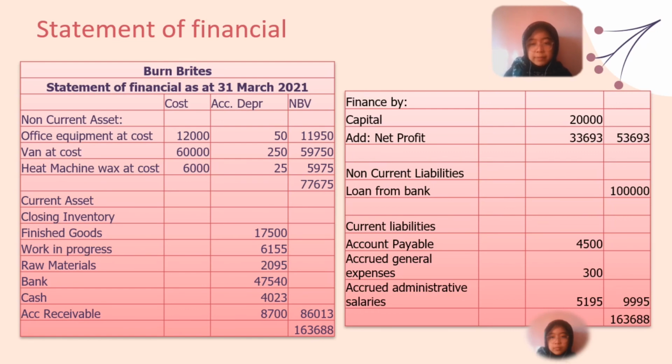After that, minus capital and net profit, we get 53,693. For non-current liabilities, we have 100,000, and the total of current liabilities is 9,995. After totaling up the three amounts, we get the balance amount, which is 163,688.